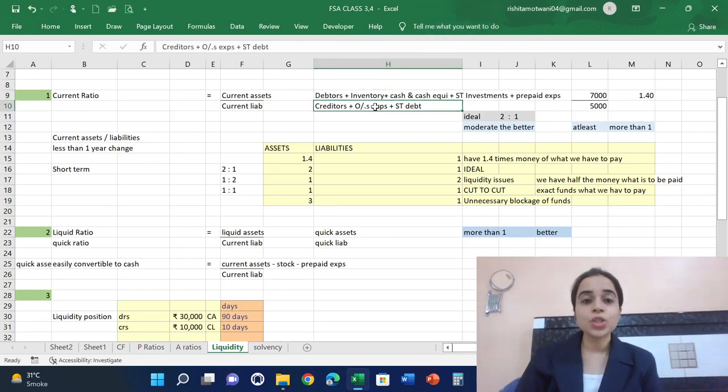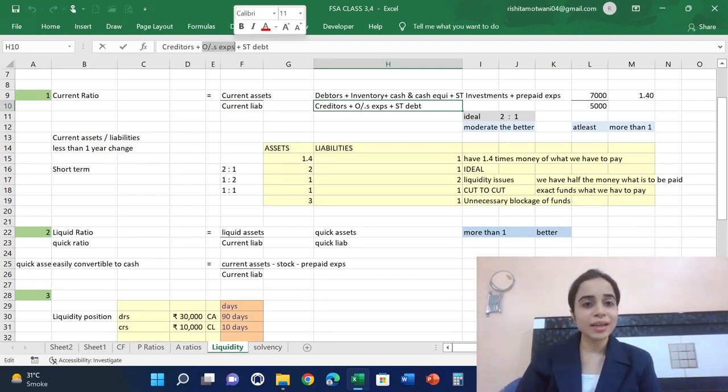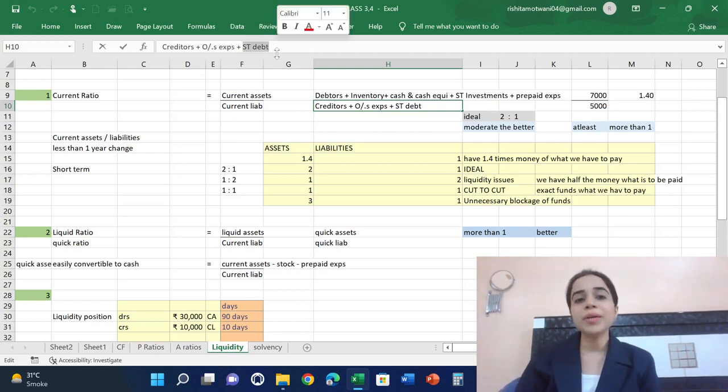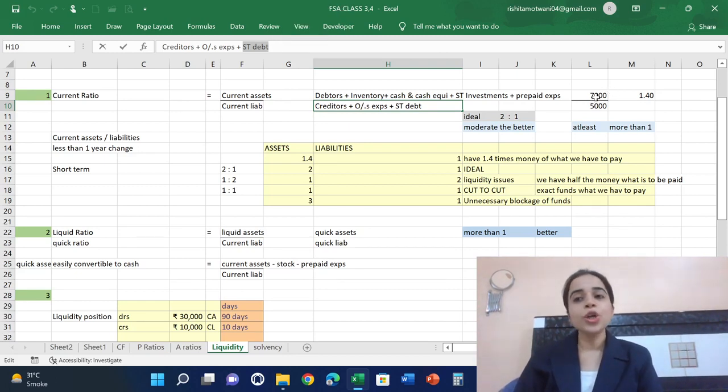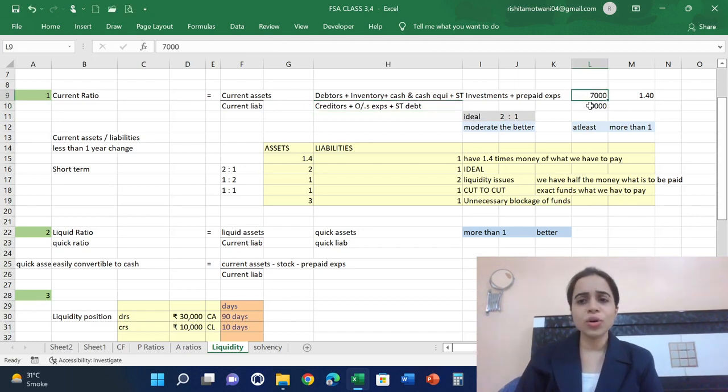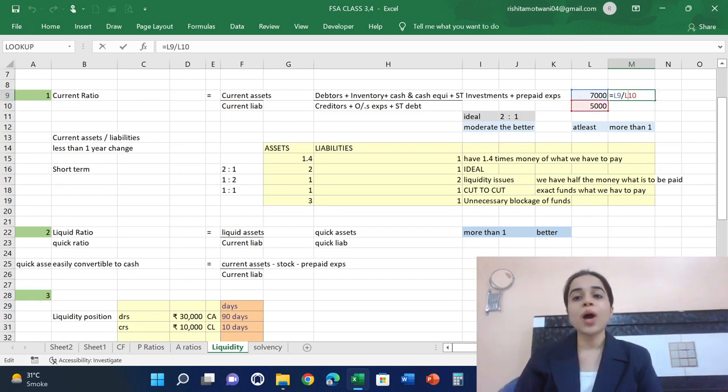In current liabilities, we have creditors and outstanding expenses, which are generally repaid in a span of 2 to 4 months here and there, and all the short-term debts, like the working capital debt which the company has taken for a very short period of time, that is for less than 1 year. Let's suppose current assets is 7,000 and current liabilities is 5,000. So the ratio I will get is 1.4.